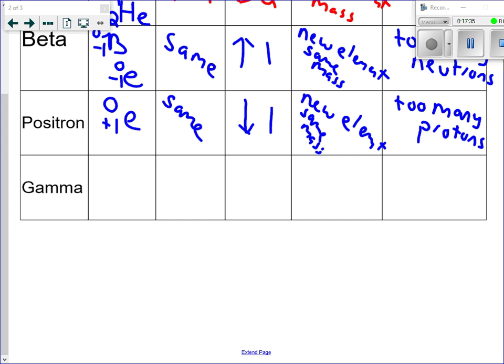The last one is gamma decay. Typically, the gamma decay symbol doesn't even have numbers on the side because there is no change to mass. There is no change to atomic number.